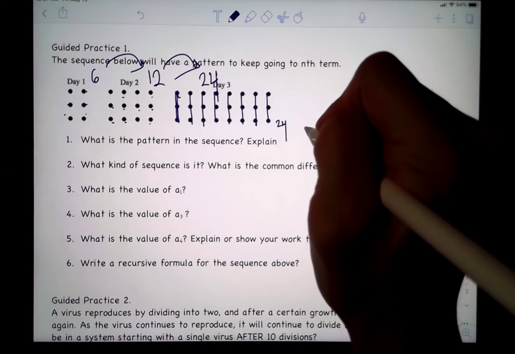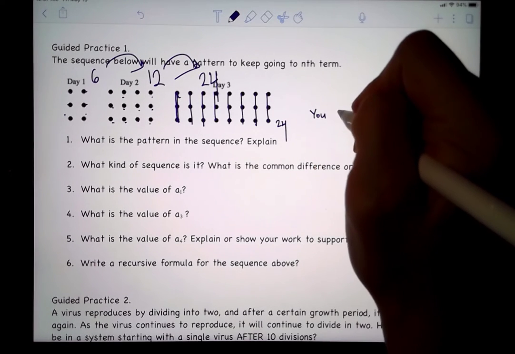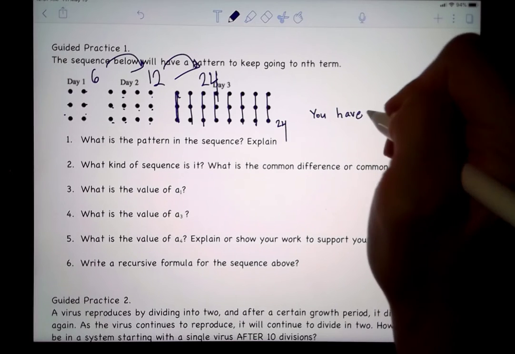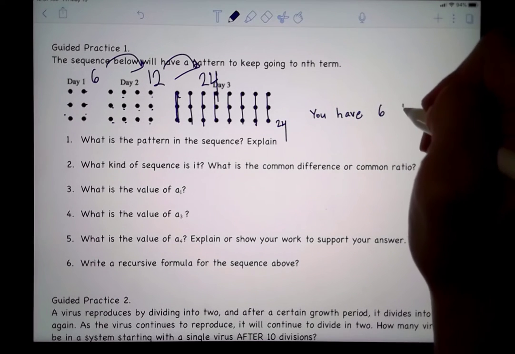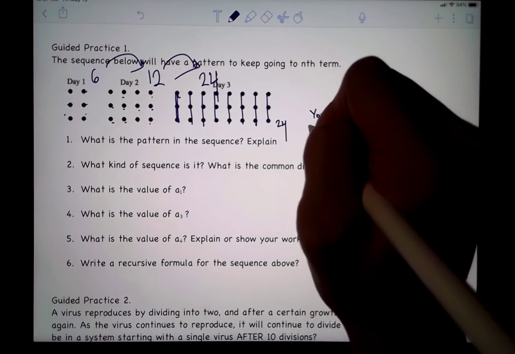Explain. So I can explain it like, you have 6 dots in day 1.